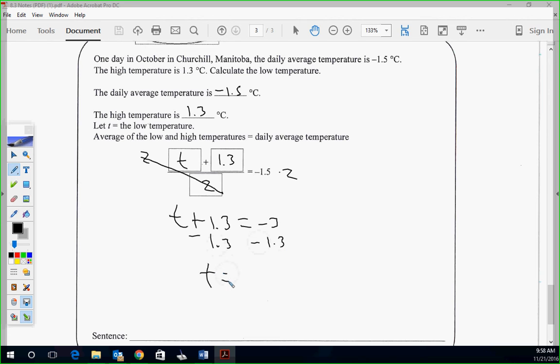T equals negative 4.3. And you're done. It's only a 2-step equation. First step, multiply by 2. Second step, subtract 1.3. So what that means is the low temperature was negative 4.3 degrees Celsius.